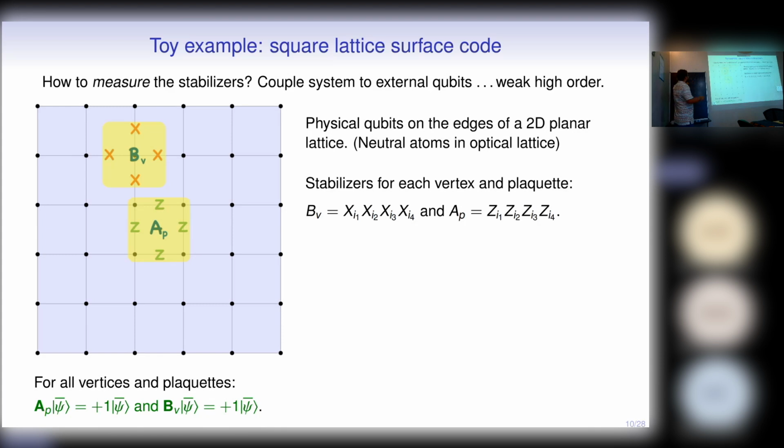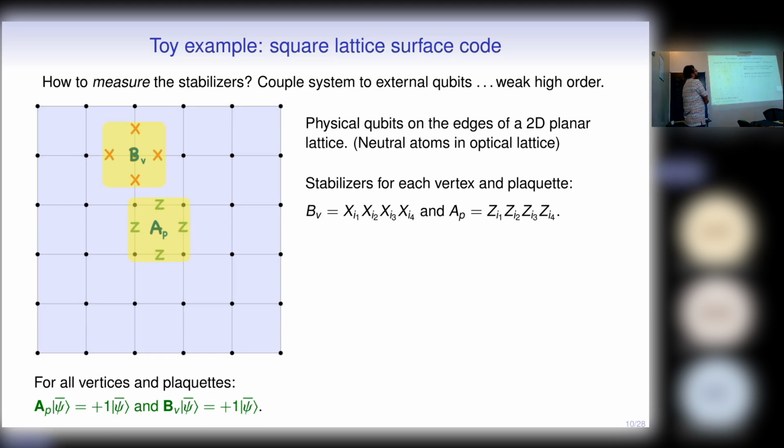I'm just going to draw a vertex to represent this. And this is exactly a 4-body X operator, just like this. I'm going to do the same thing with the faces. For the faces, I'm going to represent a Z-type operator, where it's 4 Zs on all the edges that border that face.